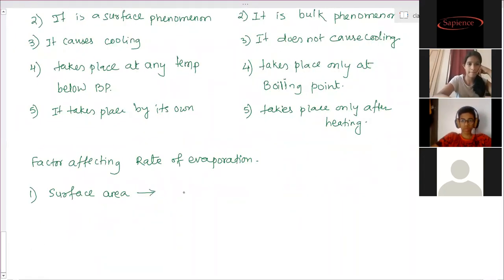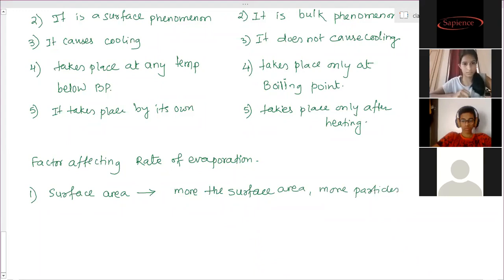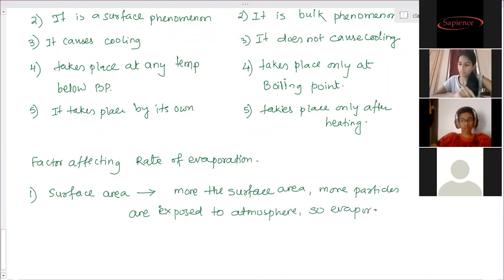How is it dependent on surface area? The larger the surface area, the more the rate of evaporation. Larger the surface area, more particles are in contact with atmosphere, exposed to atmosphere, so they evaporate faster.